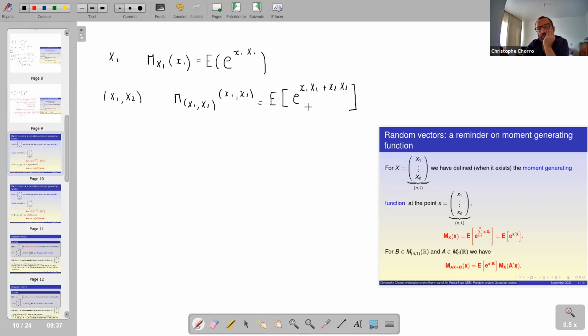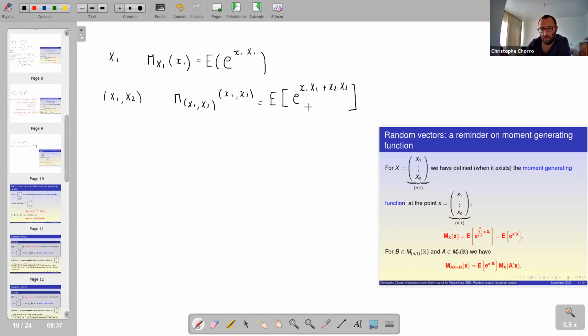And we have seen nice properties: if X1 and X2 are independent, the moment generating function of the pair is equal to the product of the moment generating function of each component. And in fact it is an equivalence: if the moment generating function of a pair is equal to the product of those of each component, I have independence. We saw this in the chapter concerning moment generating functions.